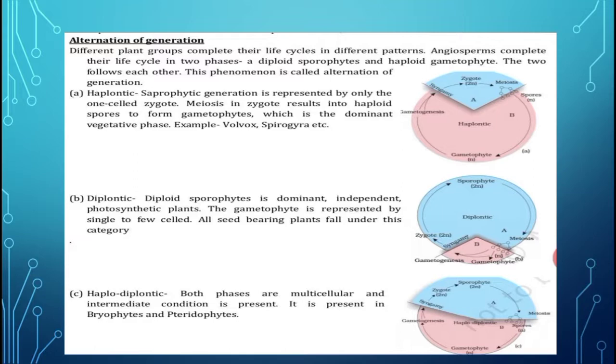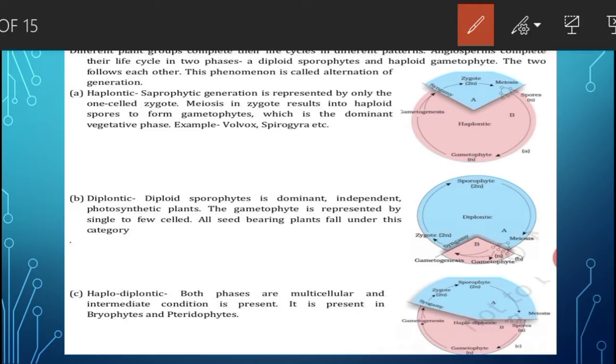Mitosis is the equational division, where the number of chromosomes in the plant body and in the daughter cells remains the same. Say for example, if the cell is haploid, haploid means it has one set of chromosomes, that is N. It divides by equational division, that is called mitosis. So the daughter cells which are produced will also have the N number of chromosomes, so it is called equational division.